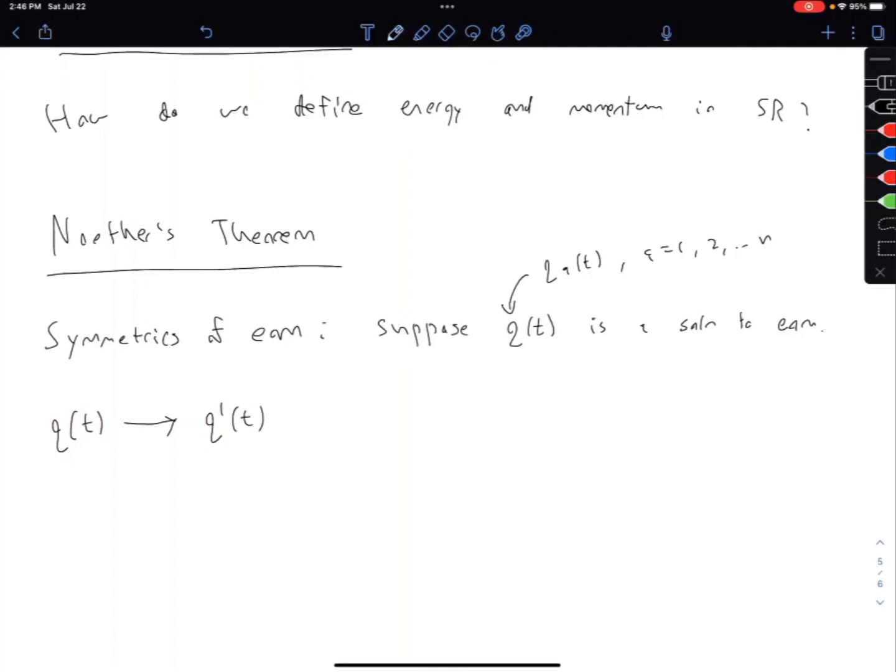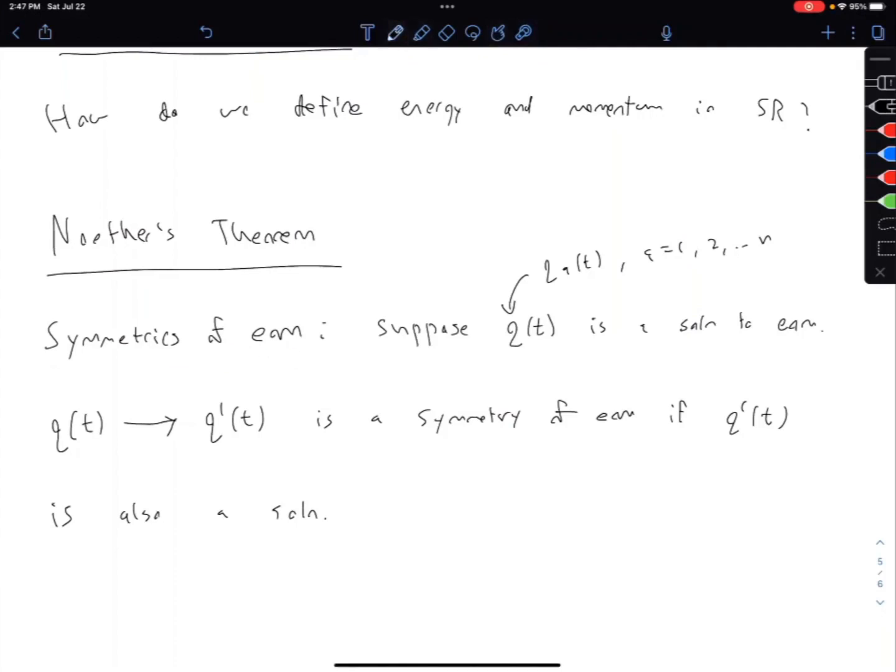So this transformation is a symmetry of the equations of motion if q prime of t is also a solution, okay? So that's what I mean by symmetries of the equations of motion.